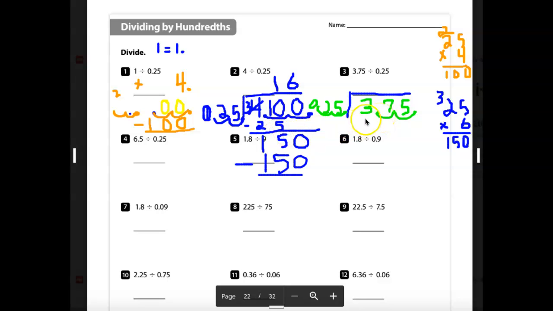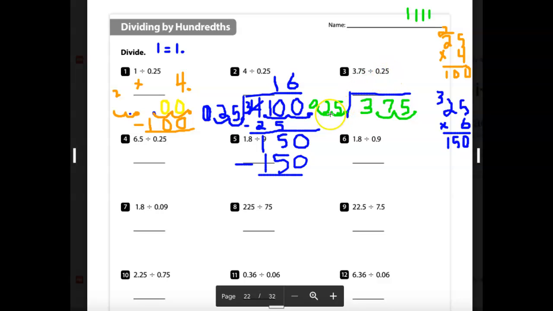So just like over here, if we drew 375 tallies, remember what tally marks are. They look like this. If we drew 375 of those and we circled every 25 tally marks, we're finding out how many groups of 25 we would circle.